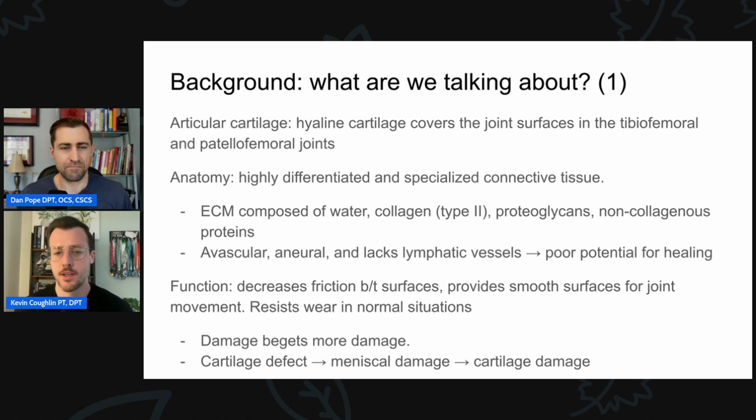And obviously, the function of the cartilage is to decrease friction between surfaces. It provides a nice smooth surface to reduce friction and improve pain-free motion, and it resists wear in normal situations. The problem that we see also is that once you have some damage, it lends to more and more damage.